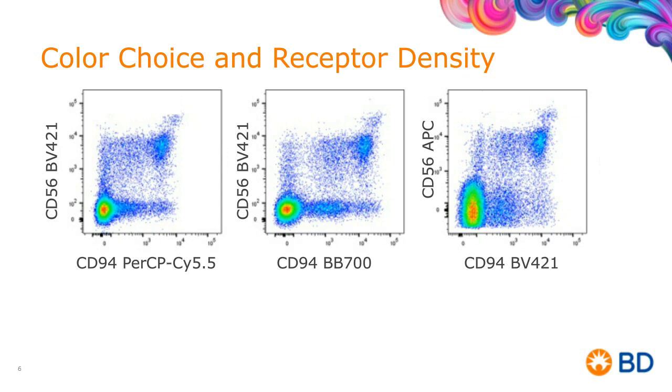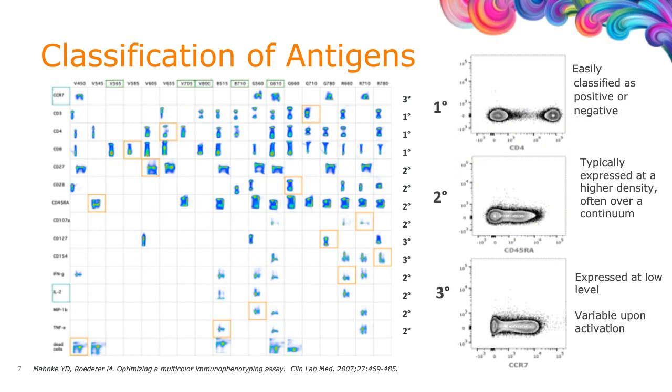Several years ago, Mario Roeder and Yolanda Menke published a chapter in a book that was just a critical one for how the information can be used in panel design. And they classified receptors in different ways, in primary receptor, secondary, and tertiary.